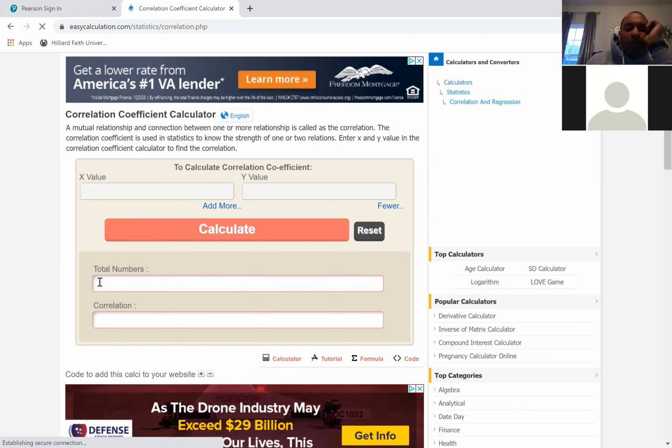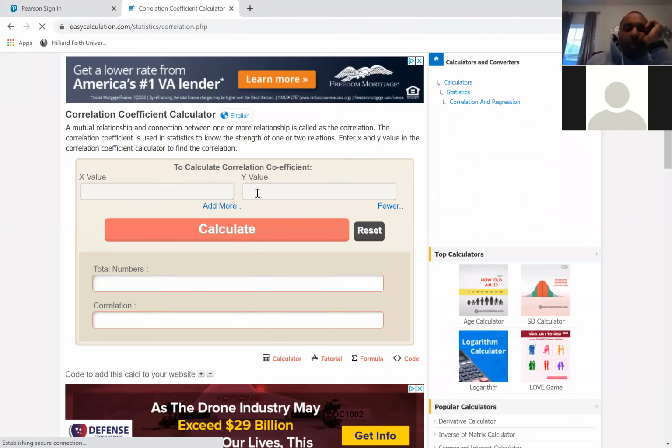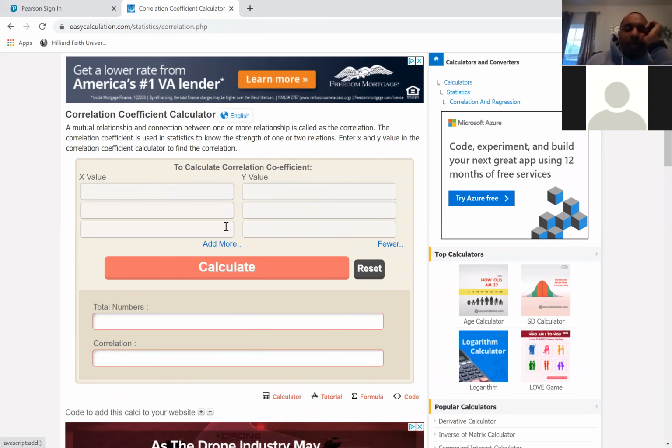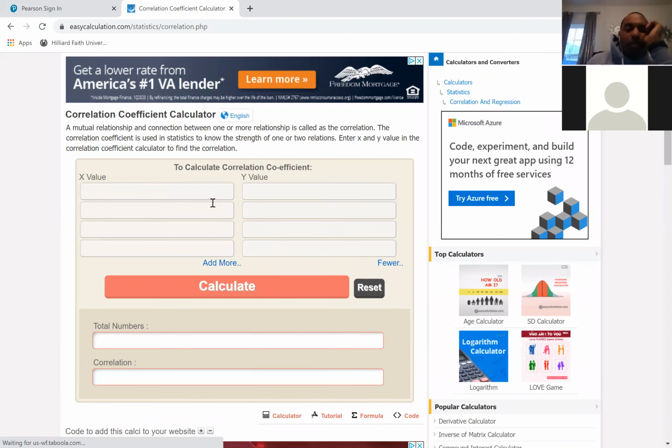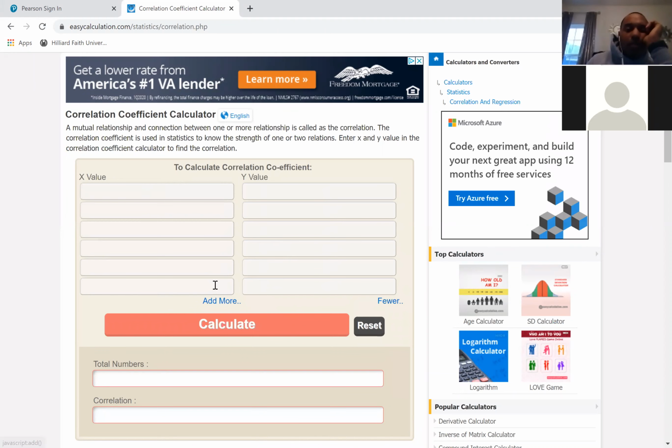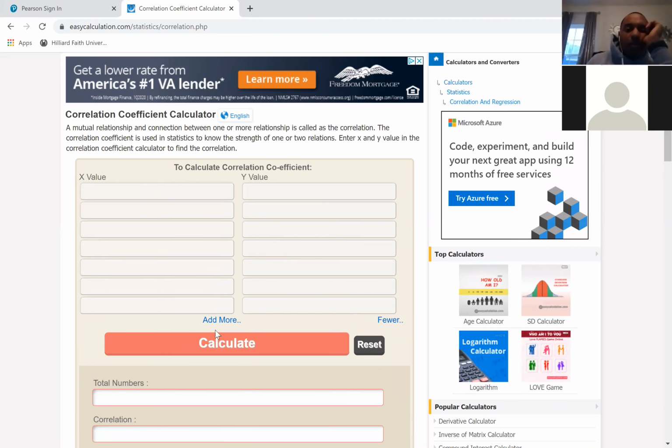And see, we have an X value, Y value. X is your explanatory, Y is your response. You can add columns, well, rows. You can even take them away if you have too many. All right, so let's type in these values.